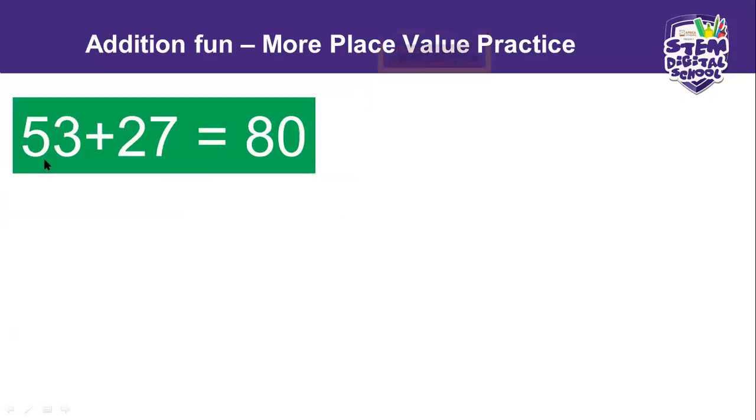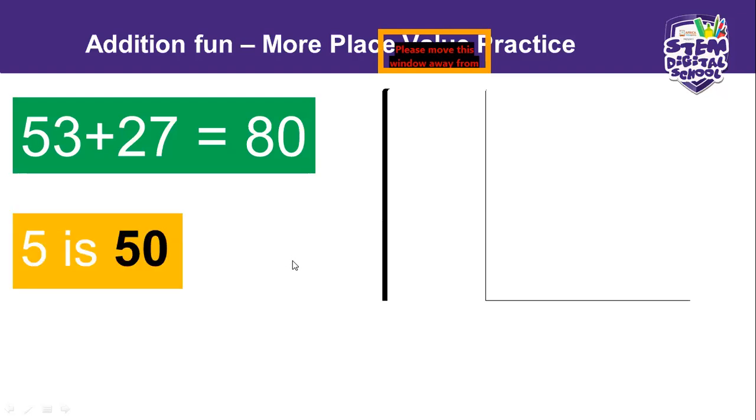There we have 53 plus 27. You added it up for me and you said it is 80. That's correct. Now when we want to explain the 53 there, 5 in 53 is not 5, but it is what? It is 50. Are we together? And the 3 remains as 3.